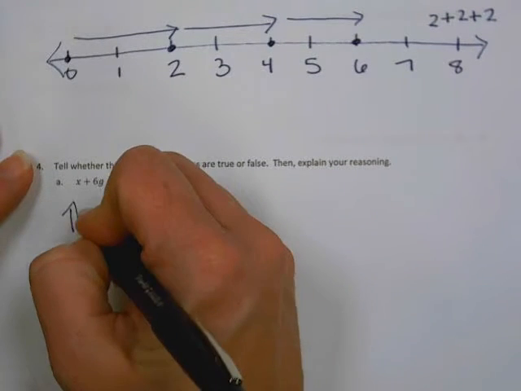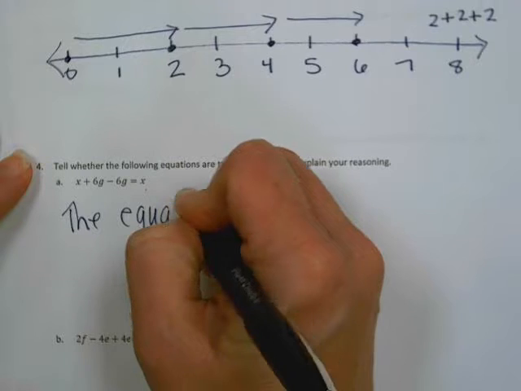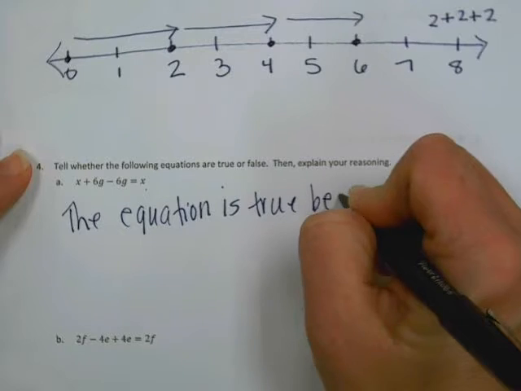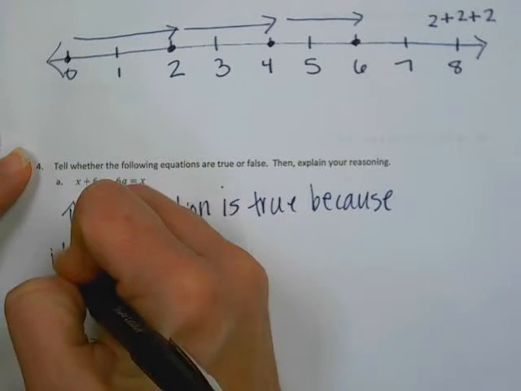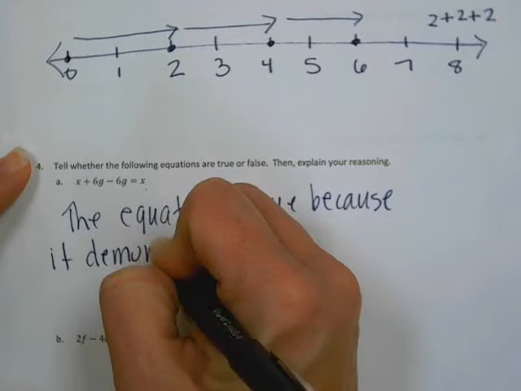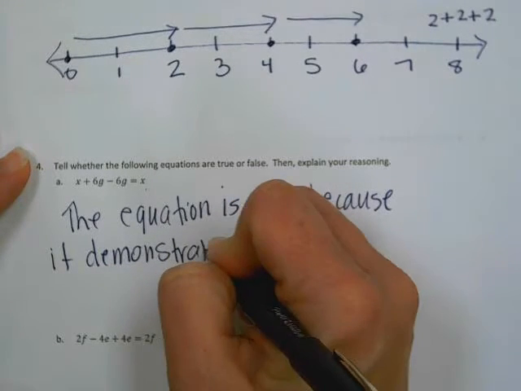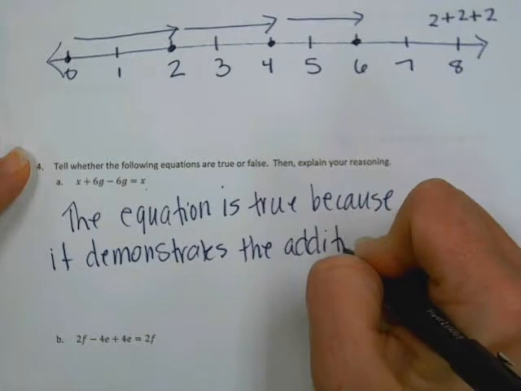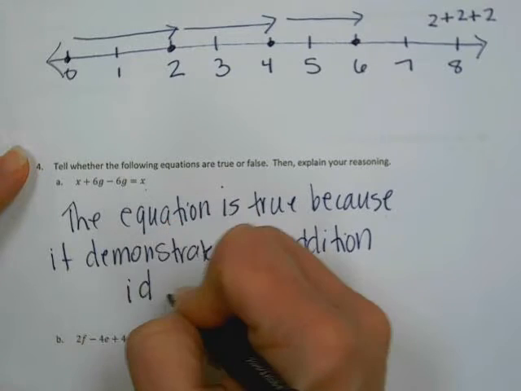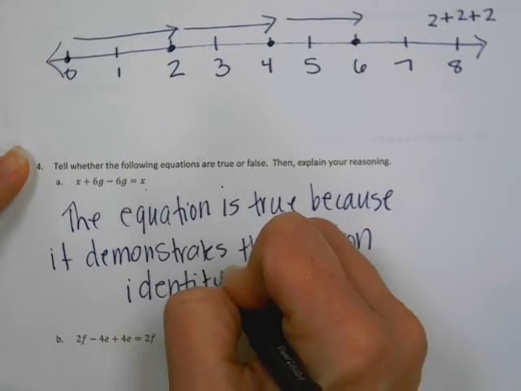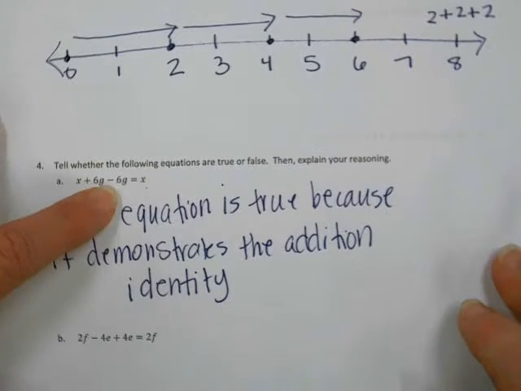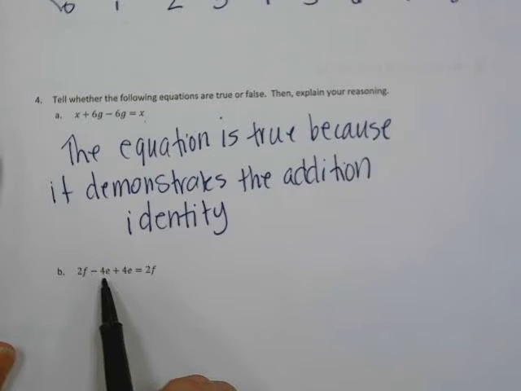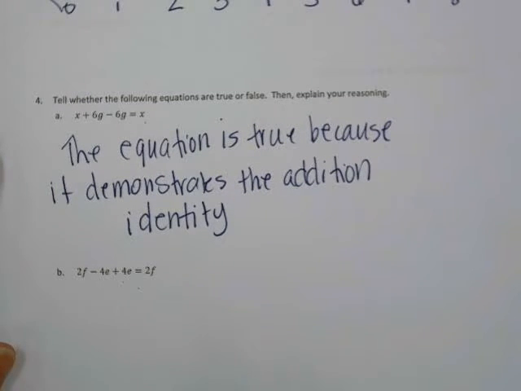So we're going to say the equation is true because it demonstrates the addition identity, which is what we learned yesterday and we wrote in our notes what we worked on with our opening exercise, the addition identity, which just says that if you add something and then subtract that same amount away, you're going to come back with your original number.